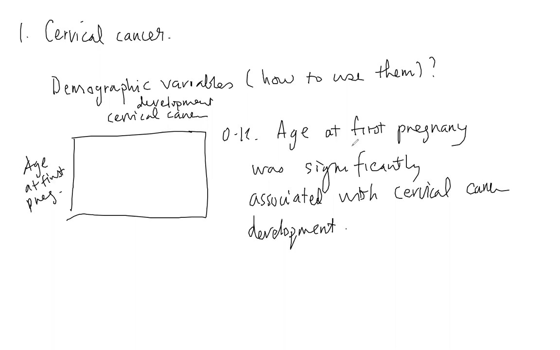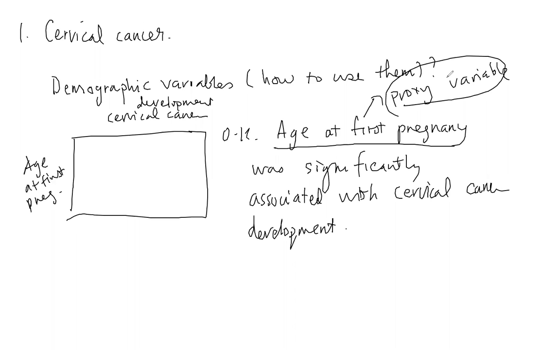But this age at first pregnancy is basically just a proxy variable. By itself, it is very difficult to imagine why having a child before 25 or after 25 can have anything to do with cervical cancer.